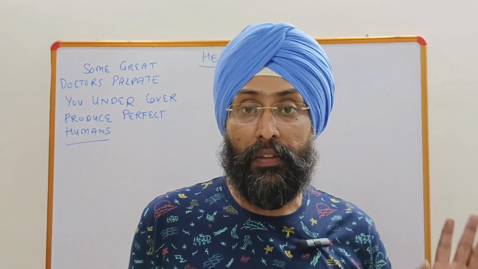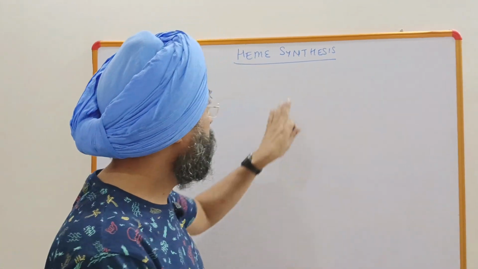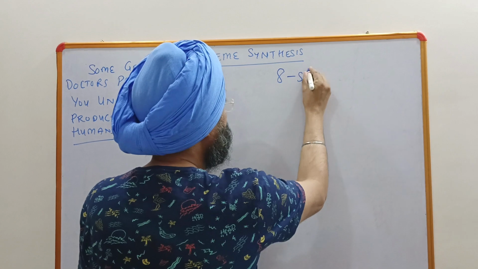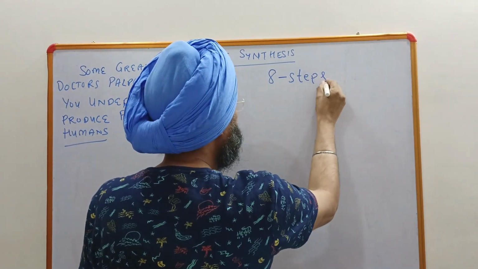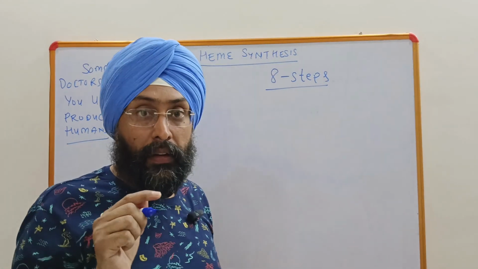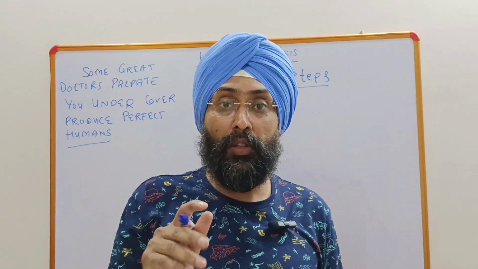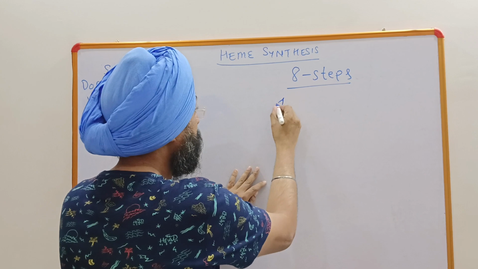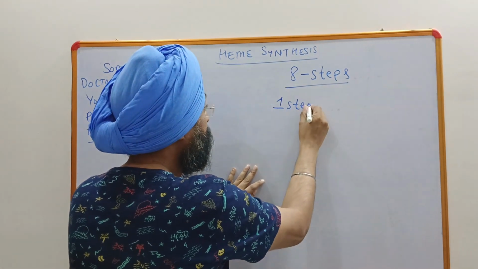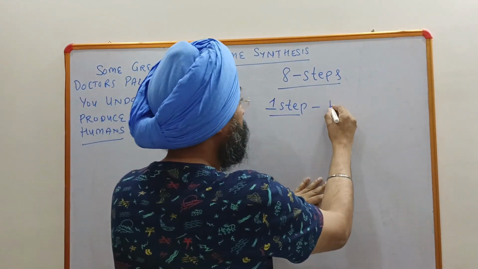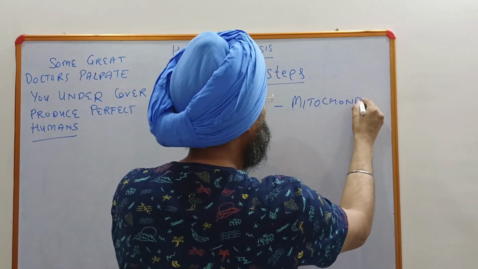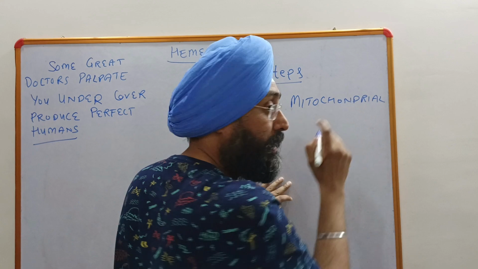Now we'll start with heme synthesis proper. To remember it, first of all, remember that there are a total of 8 steps, right? And I already told you that it's supposed to happen in both mitochondria and cytosol, right? So you can remember that the first step is mitochondrial, right?